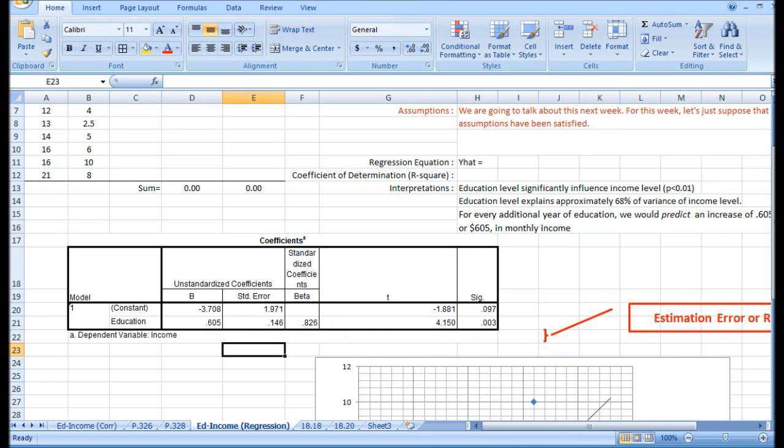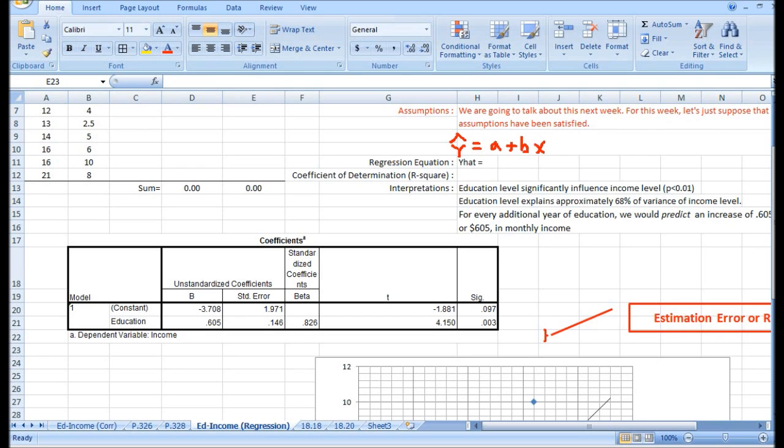Here, like I said, let me put one more time, y hat, which is A plus bx.